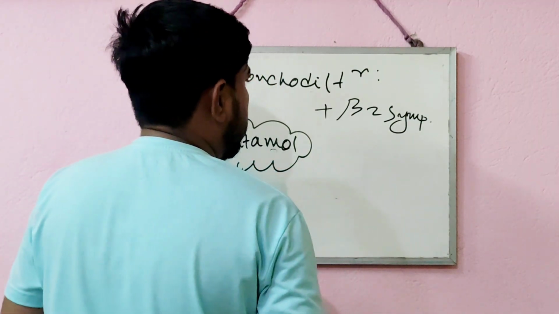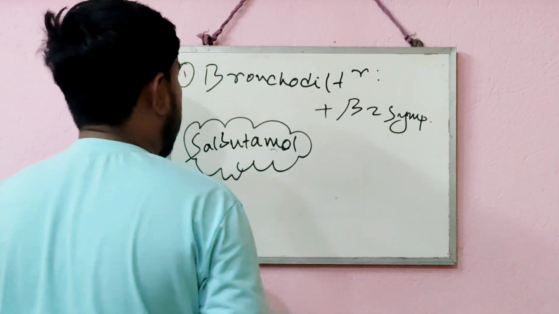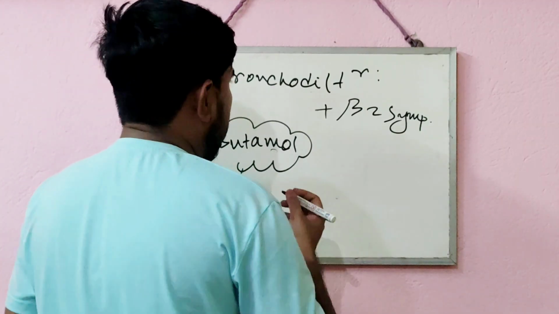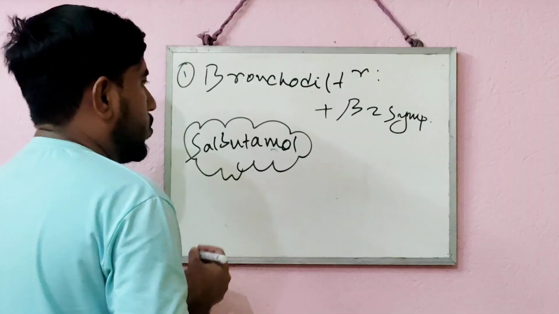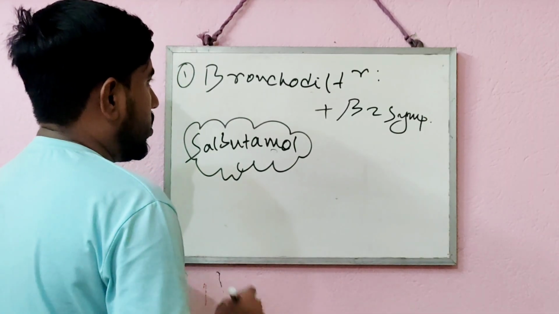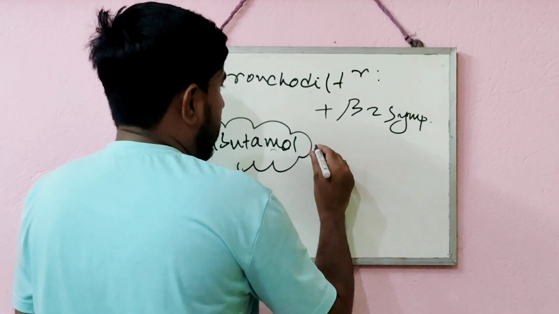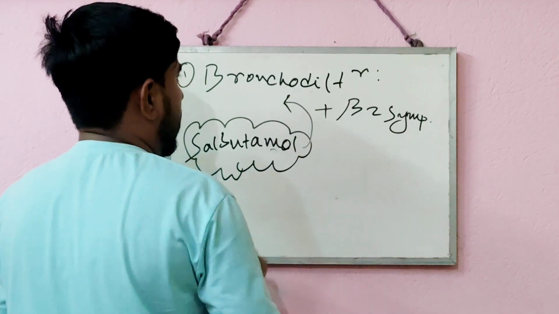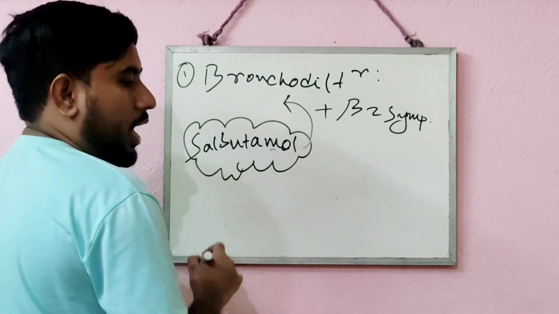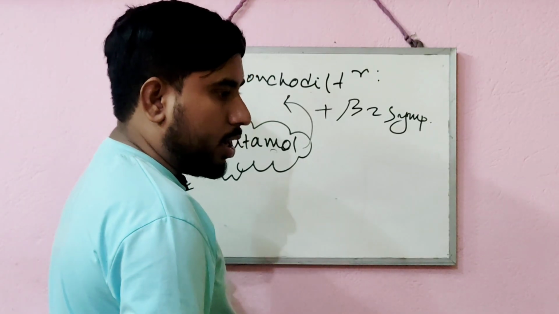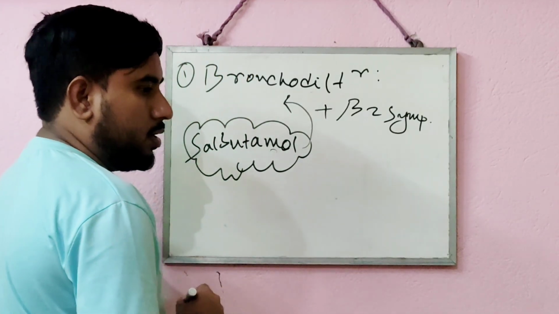Now how do these beta 2 sympathomimetic drugs show bronchial dilation and treat asthma, that I will discuss now. Salbutamol generally helps in treating asthma by dilating the bronchial smooth muscle.